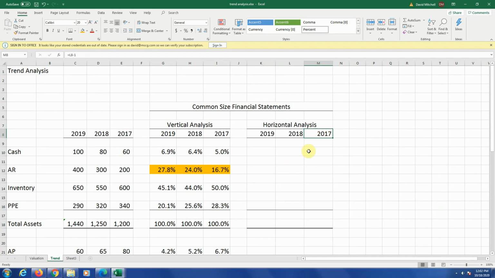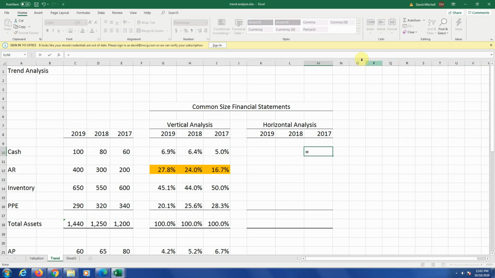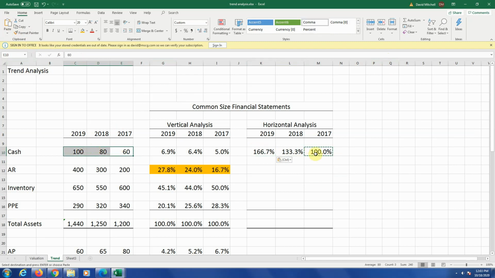So our cash is going to be $60 divided by $60, and then for 2018 we're going to look at percentage of cash to the earliest year's cash, same thing for 2019, and we can see if it's going up, that's what it's going to show us, it's going up.